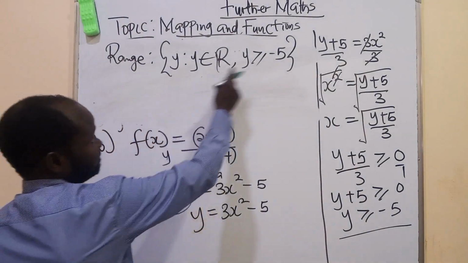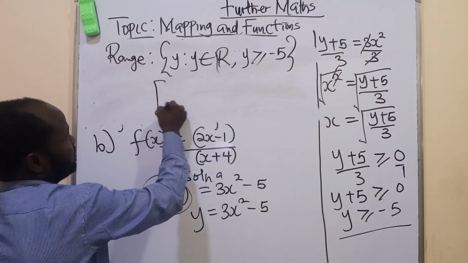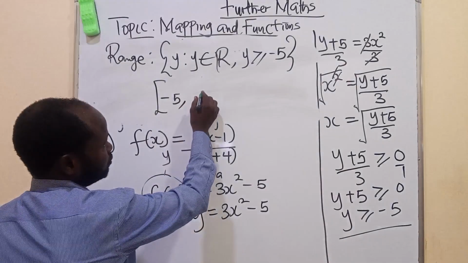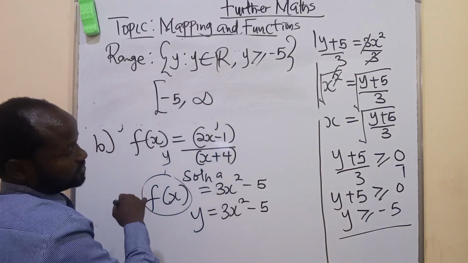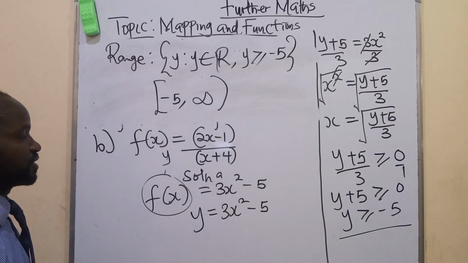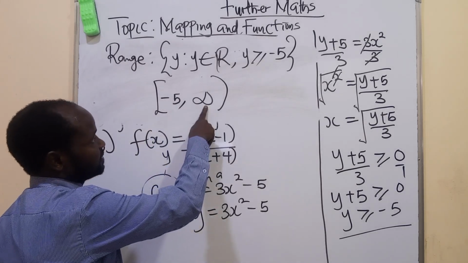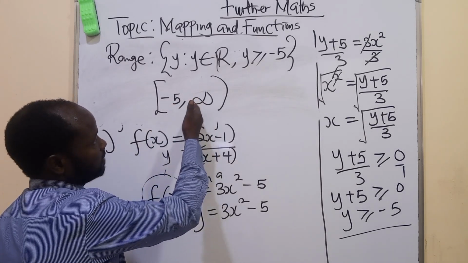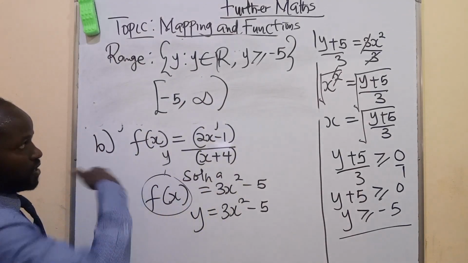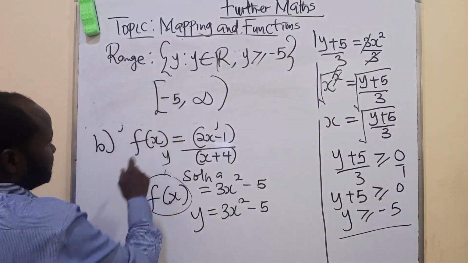Since y is greater than or equal to minus 5, in interval notation, minus 5 is included, to positive infinity, not included. So the range is minus 5 included to positive infinity. So from minus 5, minus 4, minus 3, all the way to positive infinity are included, but positive infinity itself is not included. So this is the range to this first question.